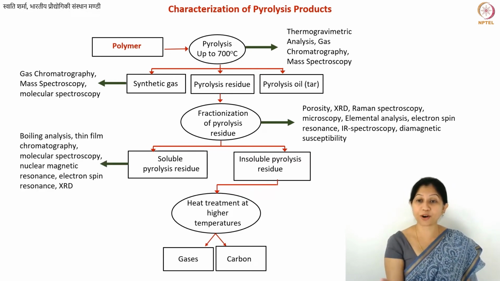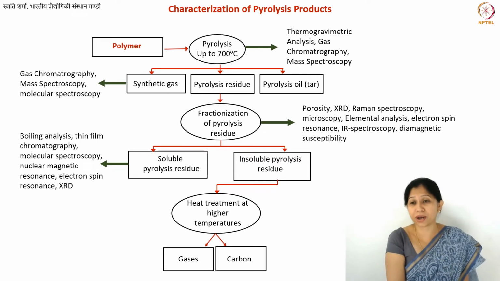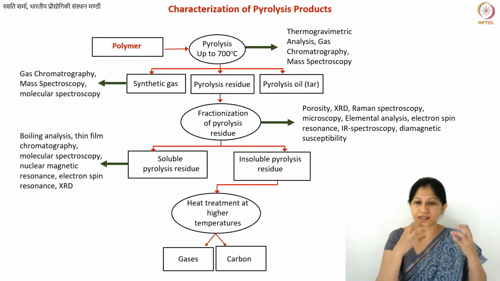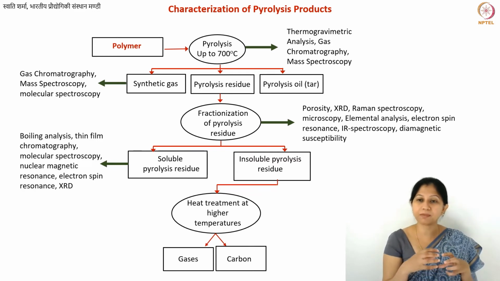Also, for the soluble part that I was discussing before, there you can do a lot of things. You can do fractionalization, boiling analysis. You can use TLC, thin layer chromatography, and separate, because once you have organic materials dissolved inside a liquid, then it becomes much easier to perform.